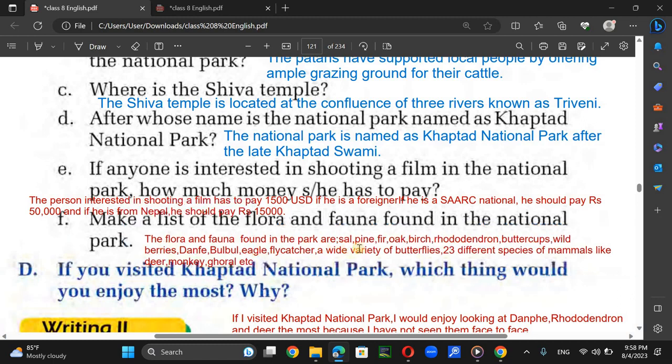Found in the park are salpine, fir, oak, birds, rhododendron, buttercups, wild berries, daphne, bulbul, eagle, flycatcher, a wide variety of butterflies, and 23 different species of mammals like deer, monkey, leopard, etc.